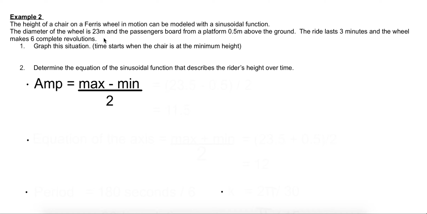The way I got 23.5 is the diameter of the Ferris wheel is 23 meters, and it starts 0.5 meters off the ground. So 23 plus 0.5 would be my max, and then my min is 0.5. So I've got an amplitude of 11.5.